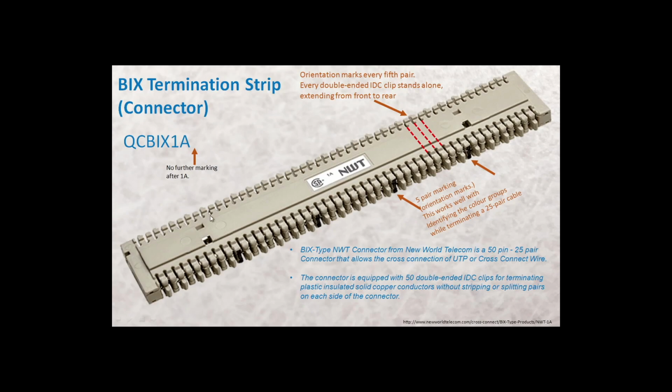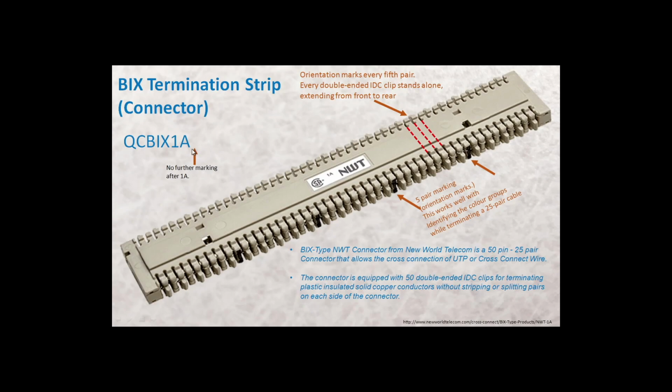These are just 50, because 25 pairs gives you 50 conductors to be connected. So 50 of these insulation displacement clips extend from the front to back, and they're connected on a 1-to-1 basis. So that's what the 1 here says.